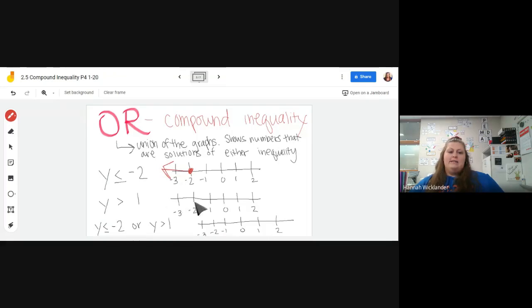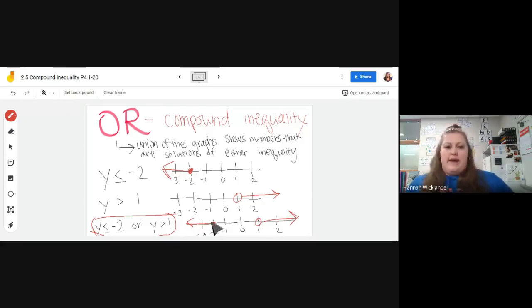And then I have y is greater than 1, which will be an open circle there going that way. You'll get a sentence that looks like this, and you'll graph them both on the same number line. So I'm going to graph each one individually. And that is what it'll look like. You'll have them going in two opposite ways.